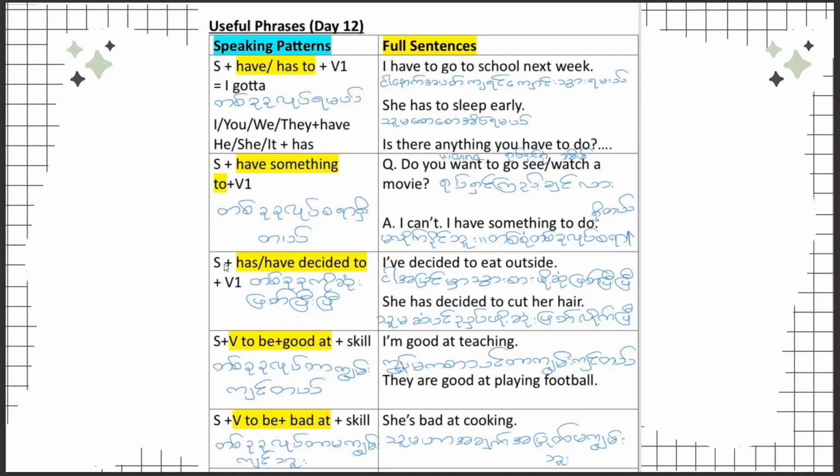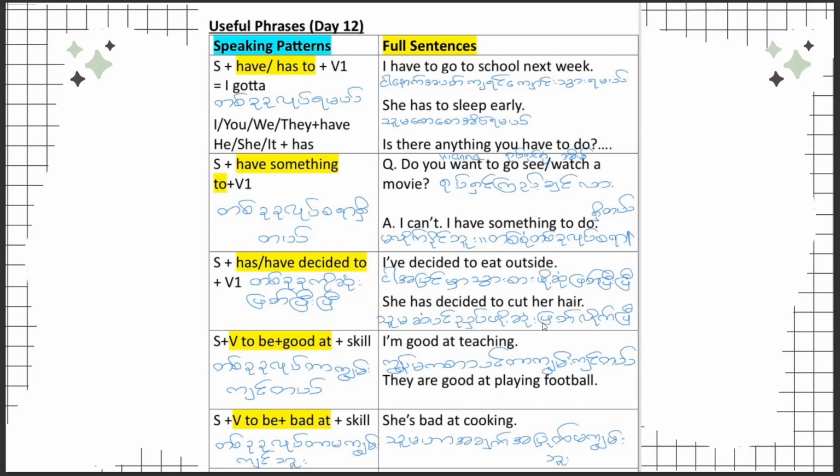The third one is subject plus have/has decided to plus verb 1. So it means have decided something. Decided means made a decision. So for example, I have decided to eat outside. And then he has decided to cut her hair.